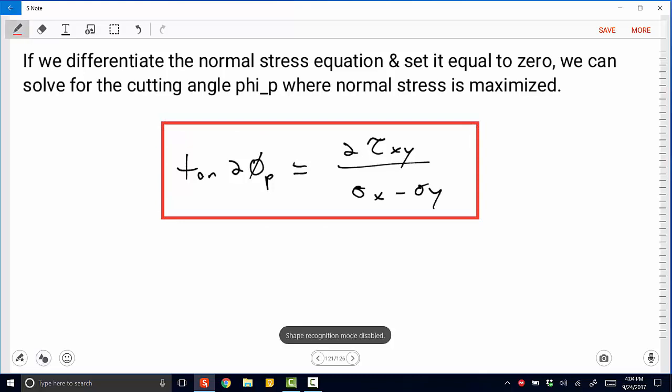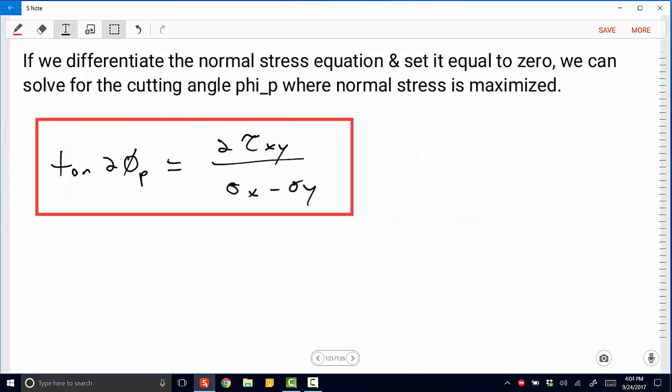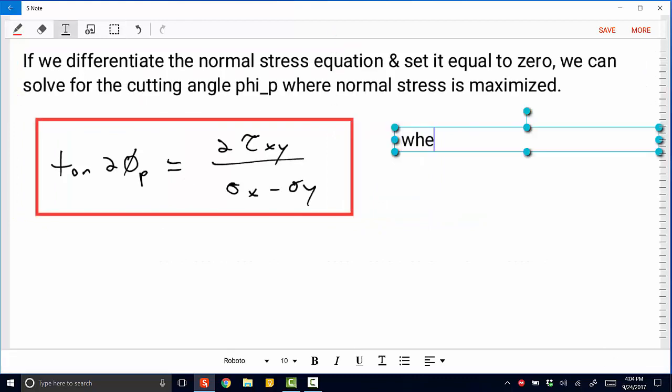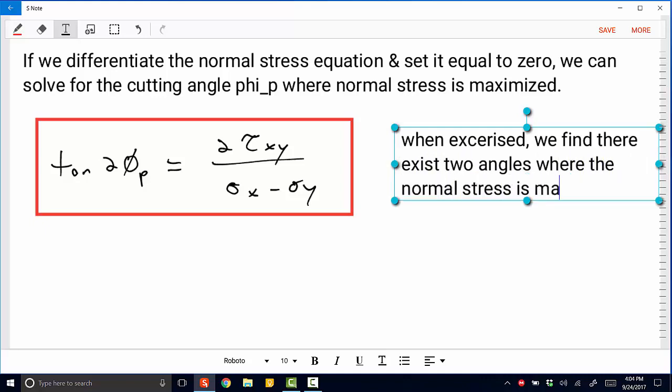And when we exercise this equation, so let's move it over, when exercised, we find there exist two angles where the normal stress is maximized.